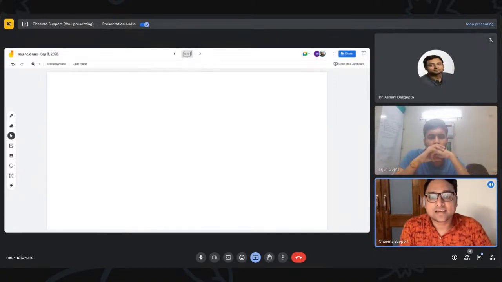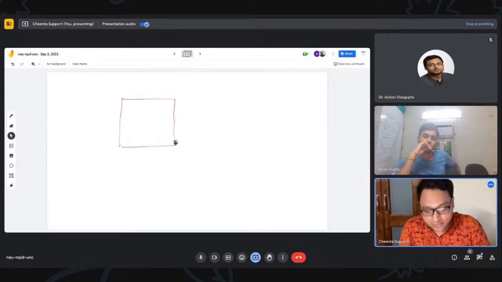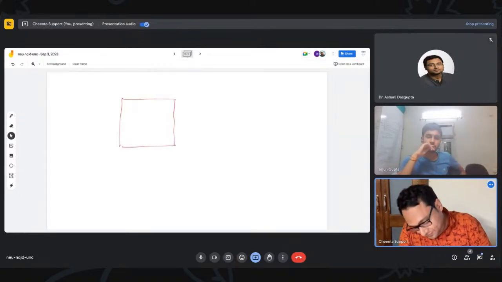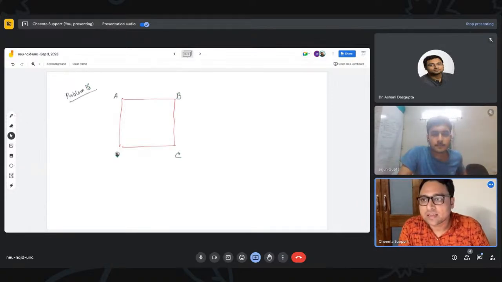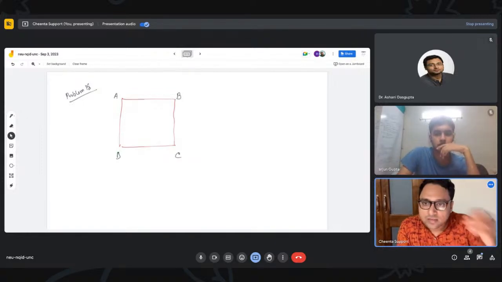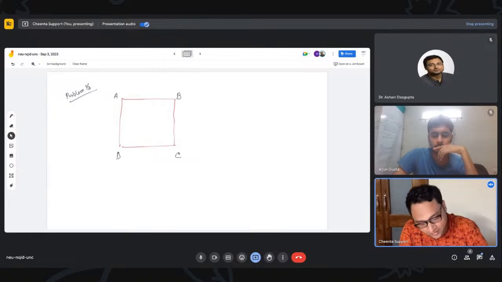It says that ABCD is a unit square. Unit square means its side lengths are 1, and it's given that M and N are points on BC and CD respectively.